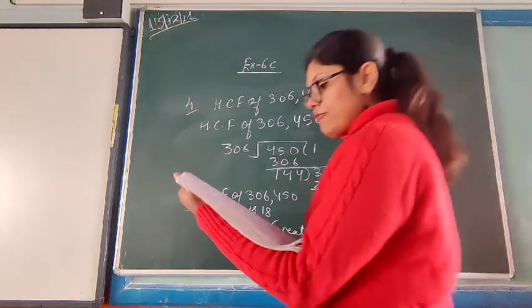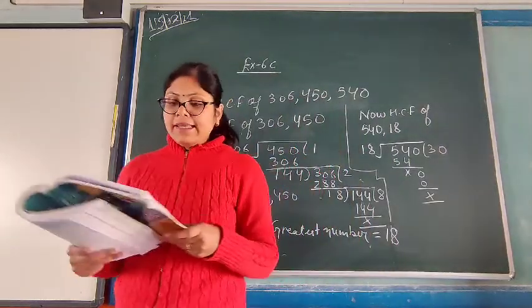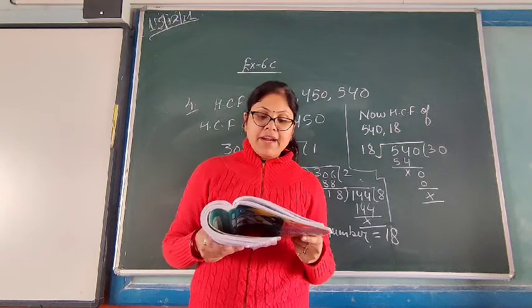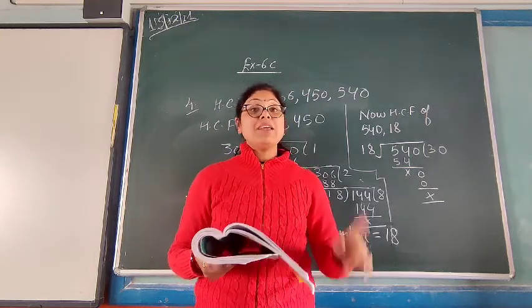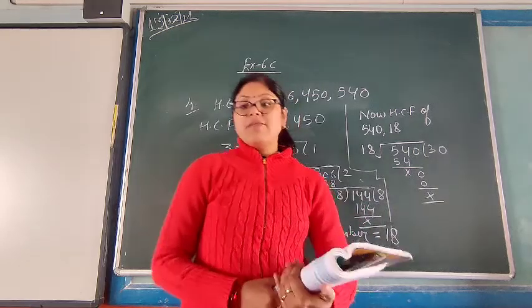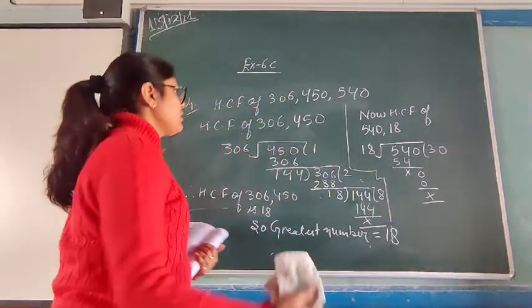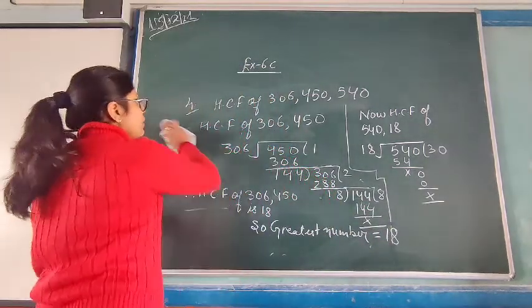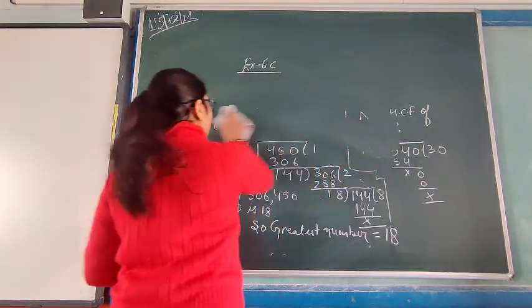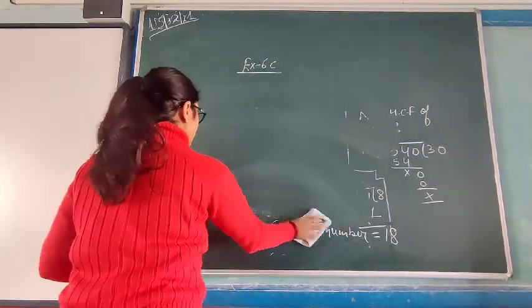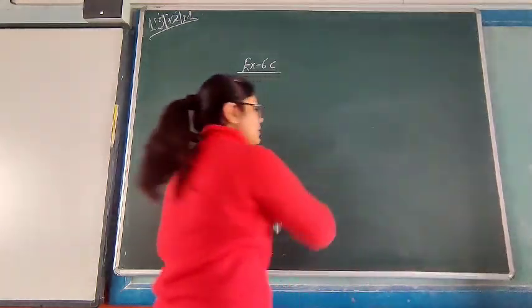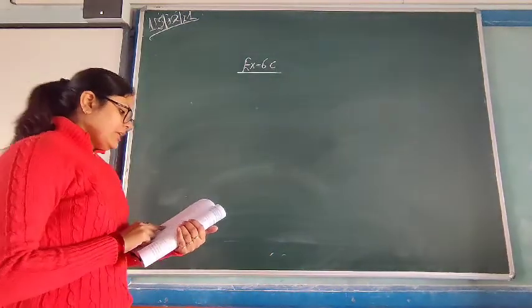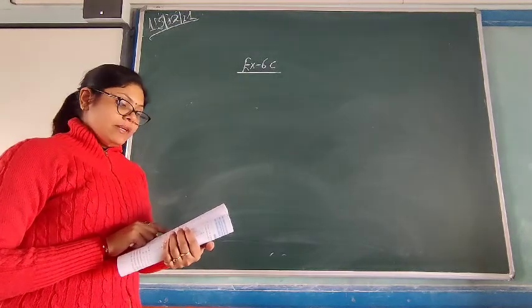After this, come to 5th question. Find the greatest number that will divide 37 and 53, leaving 5 as remainder in each case. Then what you will do? When such kind of questions will come? Because here it is given, in each case the remainder is 5.